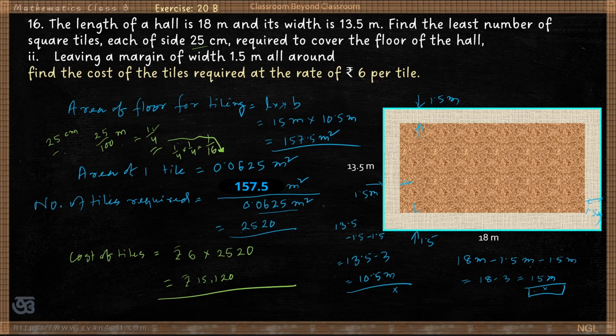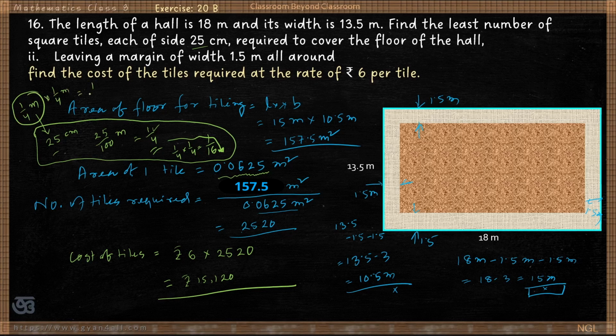And 1 divided by 16 is 0.0625. So I think you will be more comfortable with fraction, then you can use it in the fraction also. 25 centimeter equal to 1 divided by 4 meters multiplied by 1 divided by 4 meter, that will be equal to 1 by 16 meter square.